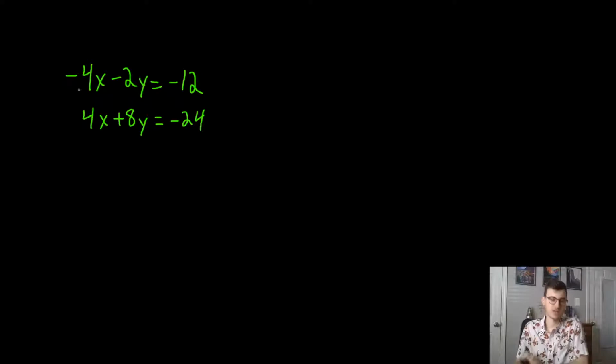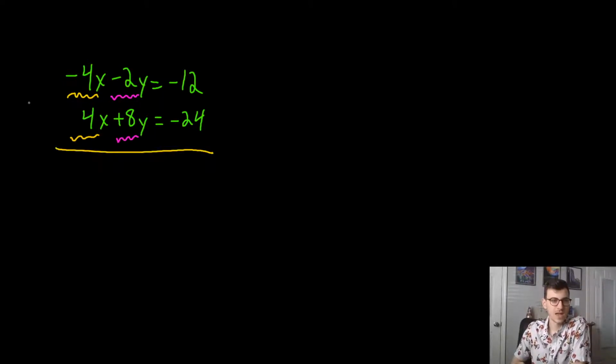Will something add to 0? So if I look at negative 4x and 4x, and I'm also looking at negative 2y and positive 8y. Now you might be screaming at your computer and saying, Mr. Dussault, I see something that adds to 0, but I can't hear you. But maybe you are. Negative 4 plus 4 does add to 0.